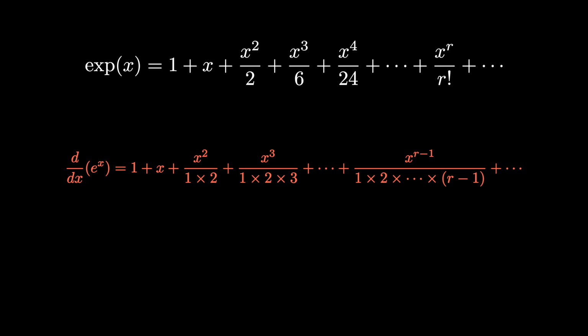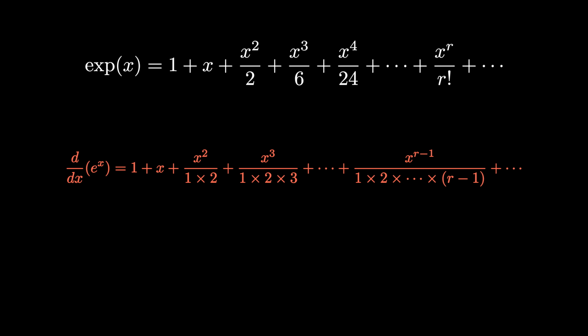But the important one in our proof, the general r times x to the power of r minus 1, divided by 1 times 2 times everything up to multiplying by r, simplifies to x to the power of r minus 1 divided by 1 times 2 times everything up to r minus 1. It's r minus 1 because of the factorial. The previous number in that product will be r minus 1. You might want to just pause for a second and make sure that that makes sense for you.